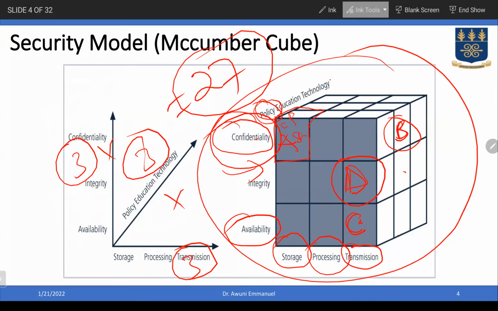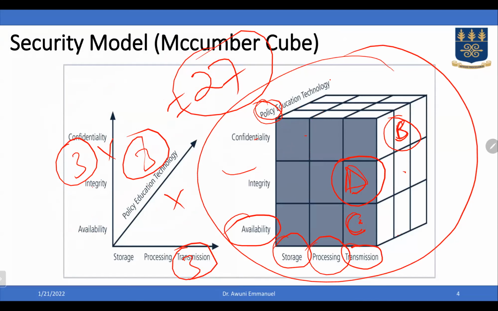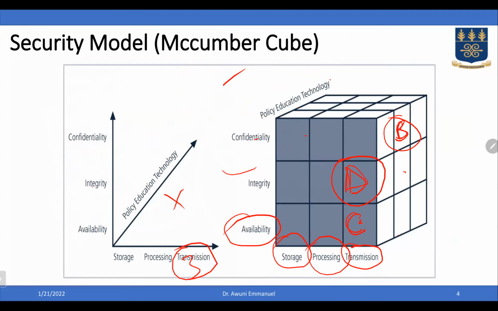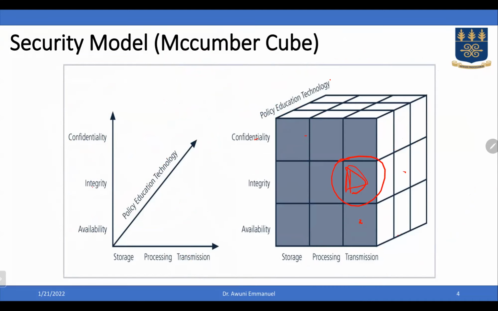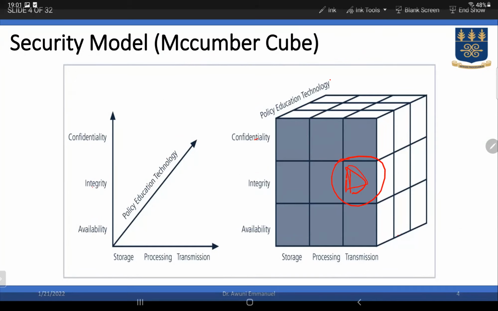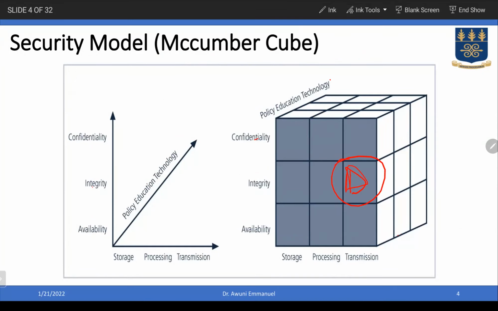Omani, it seems you're a bit far away from your device. I cannot hear you. Hello, Omani, go ahead. Yeah, I was saying that the protection of integrity in transmission through policy. Policy. Okay. So the policy aspect is where, shouldn't it be based on the technology or something?